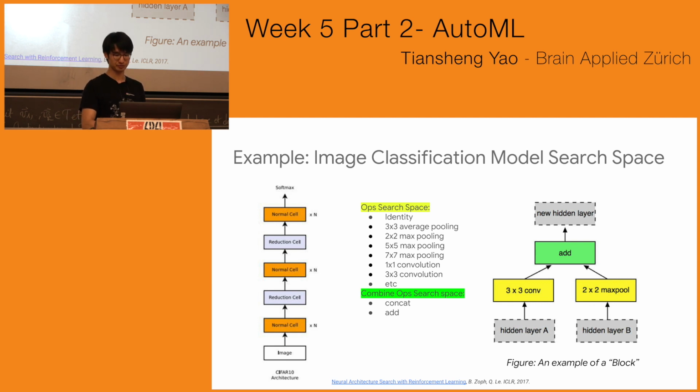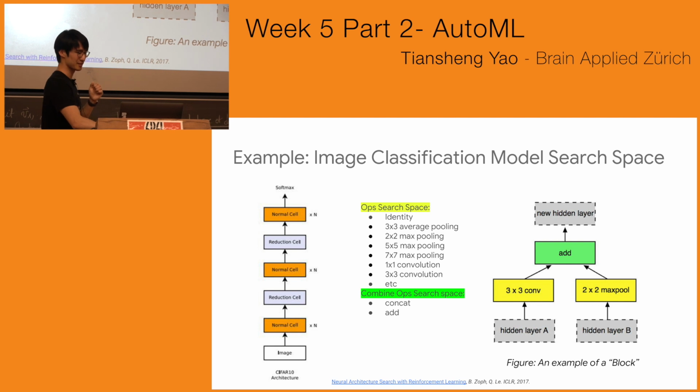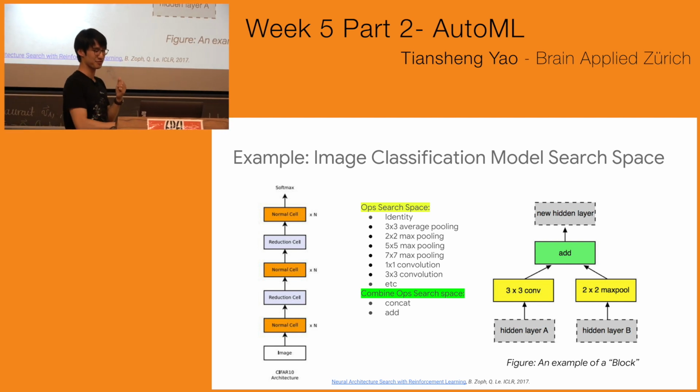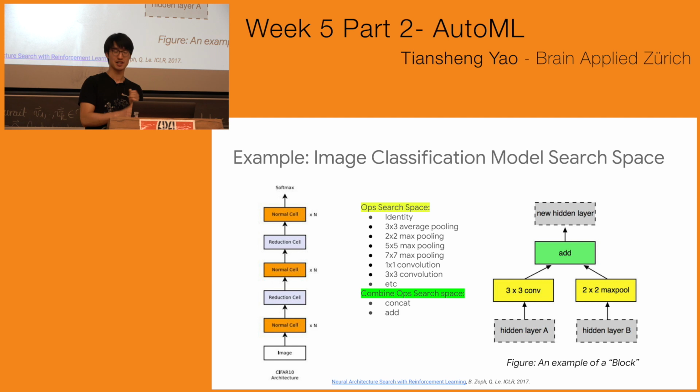On the right is an example of a block in a cell. There are actually several concepts here. One is the cell, which is the yellow and purple box. Another concept is a block, which is what you see on the right. Usually we put 5 blocks in one cell, and each of them is a repetitive pattern as well.